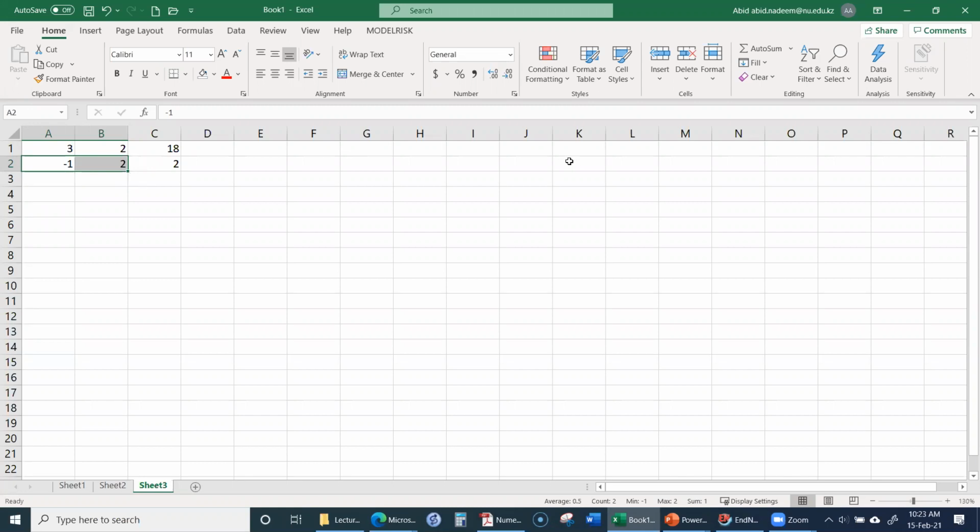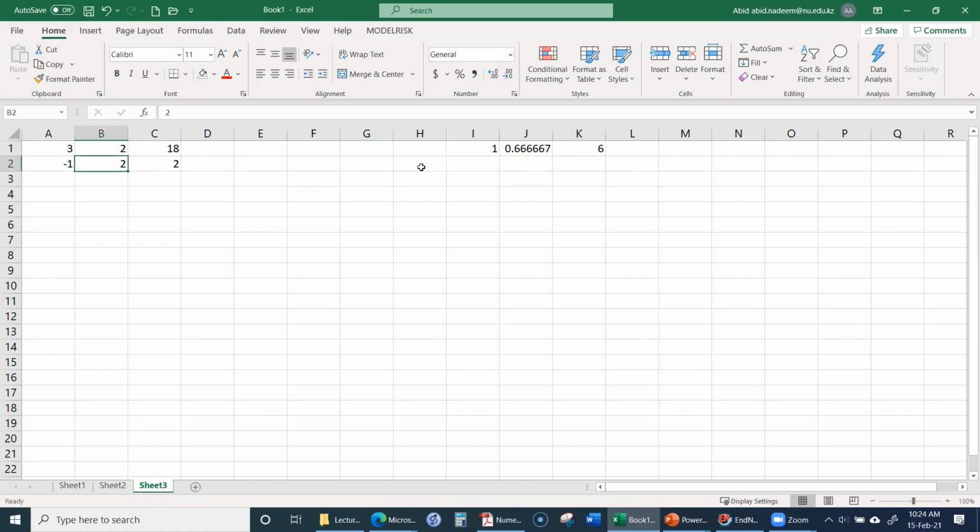So what we can do is divide this first row by its maximum value, which is 3. So 2 divided by 3 is this, and 18 divided by 3 is 6.